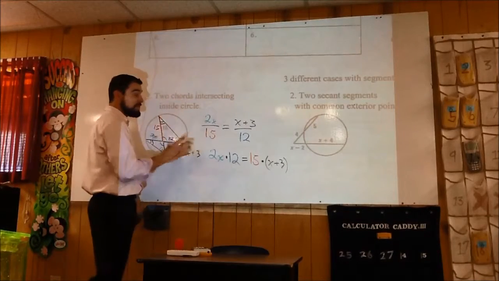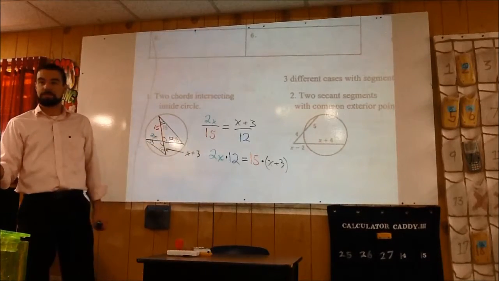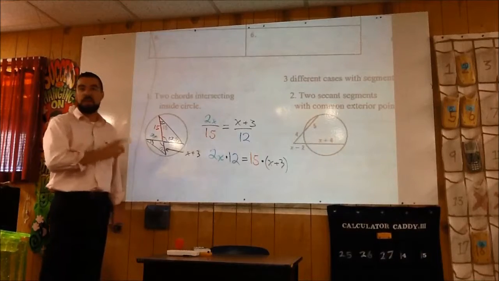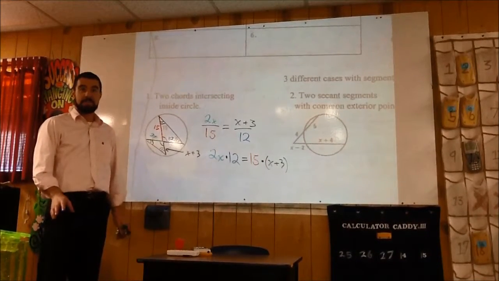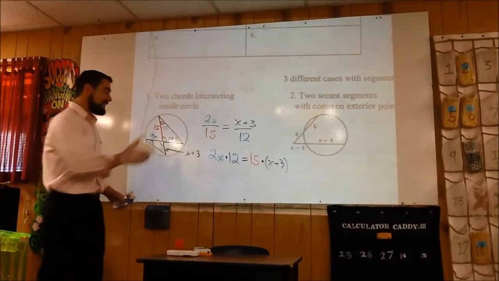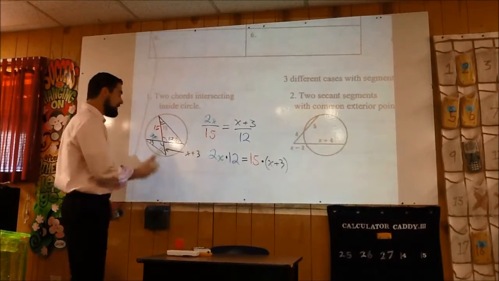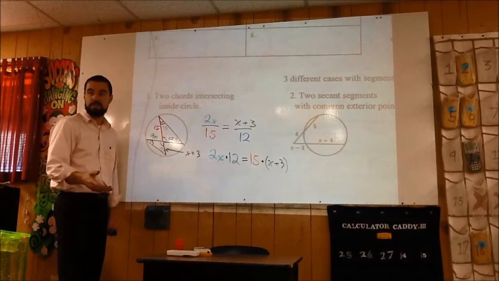Now, we just took the cross product. That's all we did. Rather than going through that every single time, it's a theorem that this is going to happen every time: the triangles are similar, so the sides are proportional.